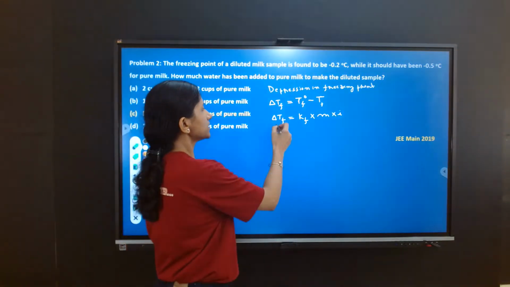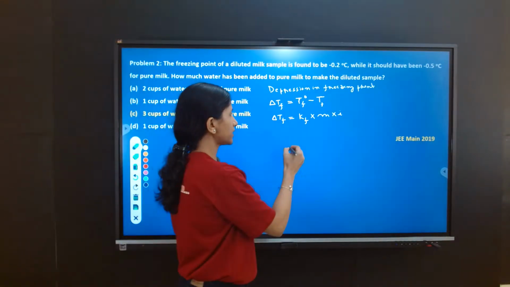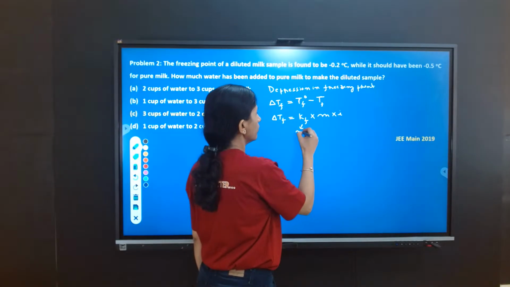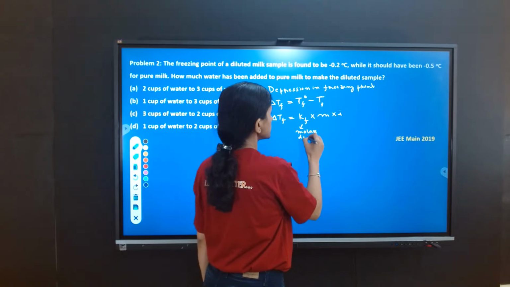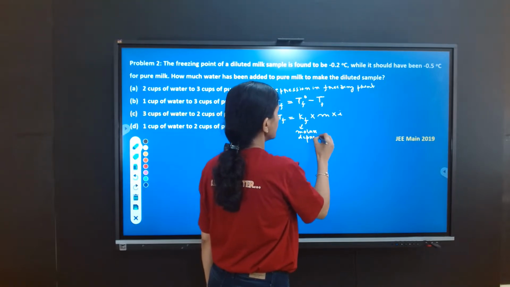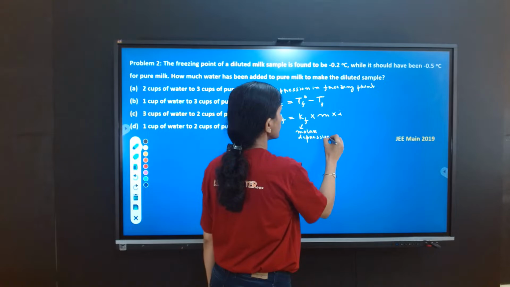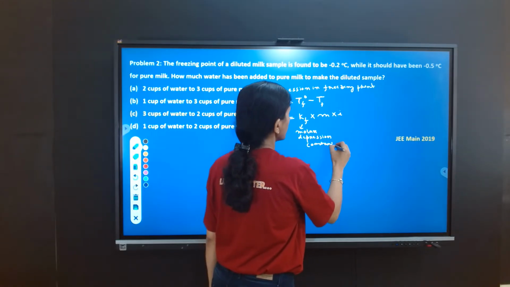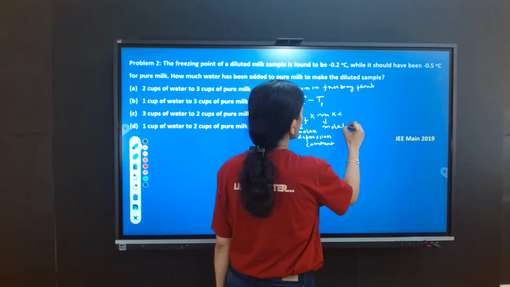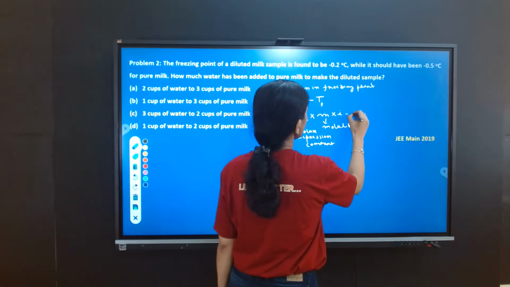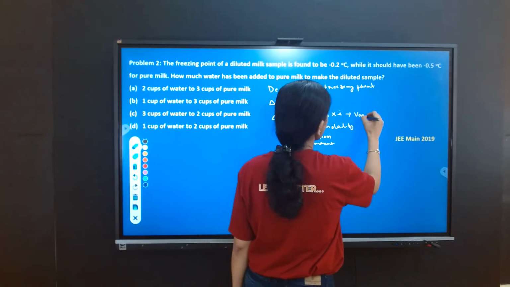So this is the depression in freezing point, and Kf is your molal depression constant, m is your molality, and i is the Van't Hoff factor.